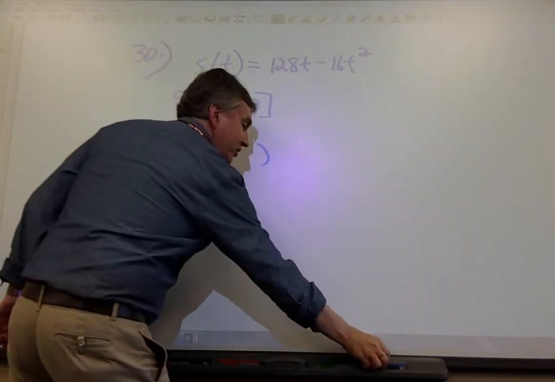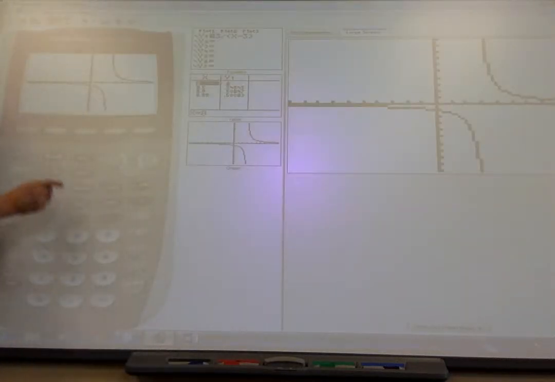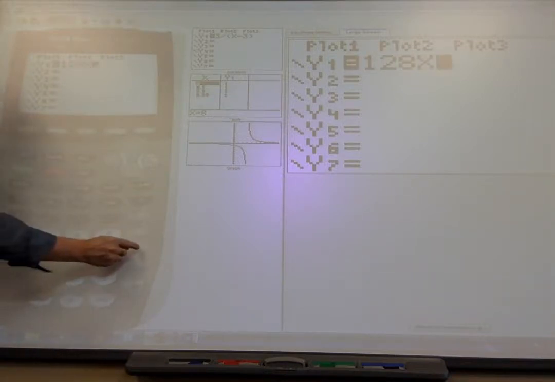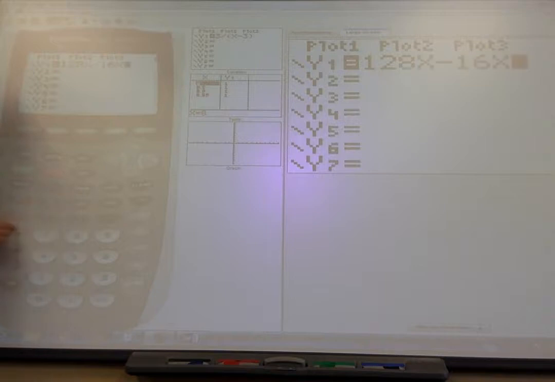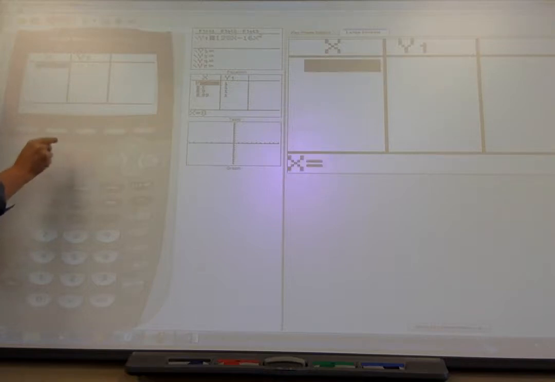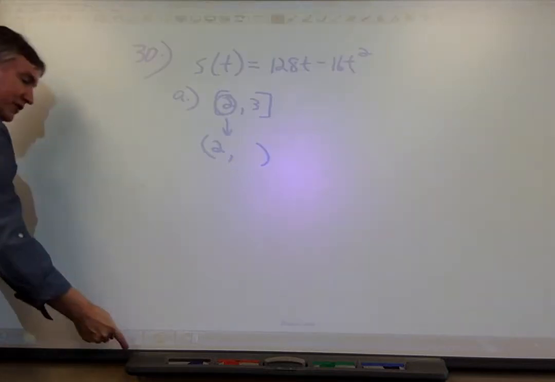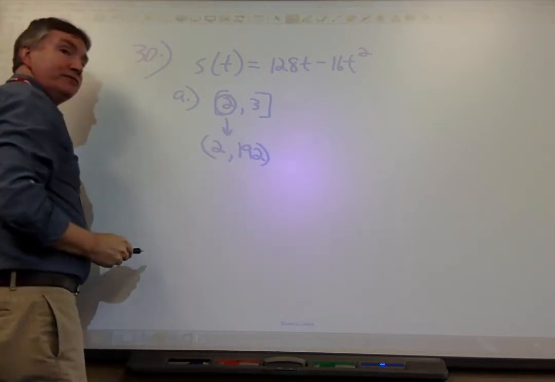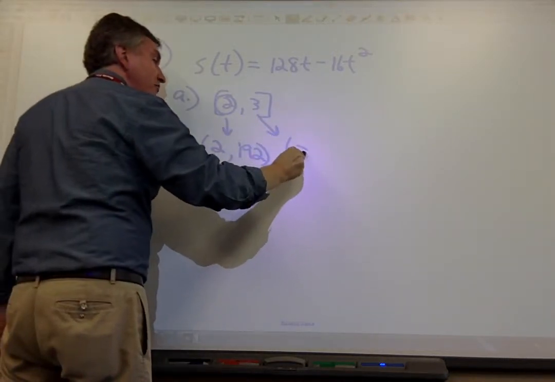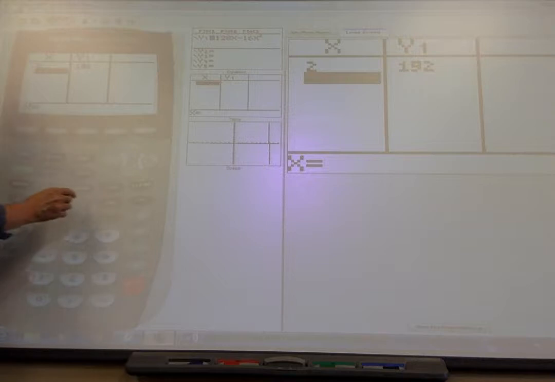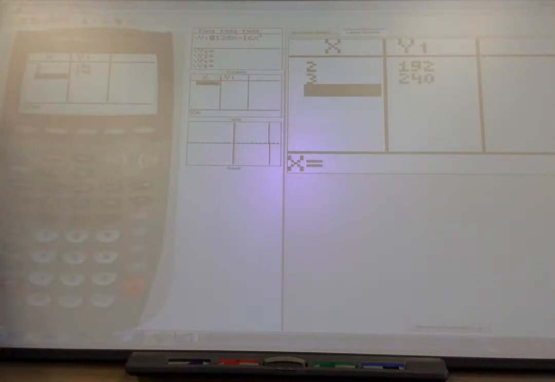Now, just to make things easier, if I entered 128t minus 16t squared in my calculator, I could go right to my table, couldn't I? At 2 seconds, what do you get? 192. So look at that ordered pair. If I put 2 for t and work that out, I get 192 for s. If I plug in 3, what do you get? 240.